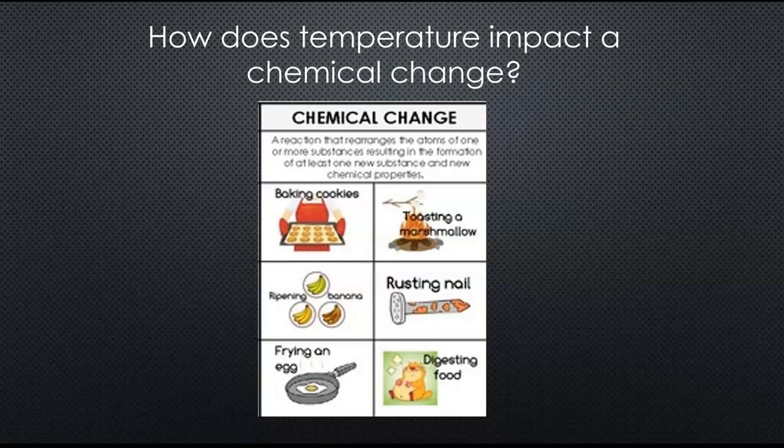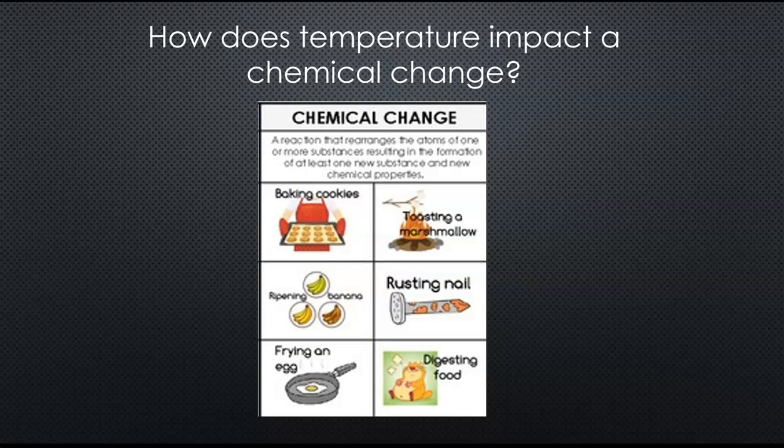The same would go for roasting marshmallows. If you take your marshmallow and you put it over a teeny tiny fire that's just kind of warm, versus a raging fire, where that temperature is way hotter, we know that chemical change of burning or toasting the marshmallow is going to happen much more quickly in the higher temperature.